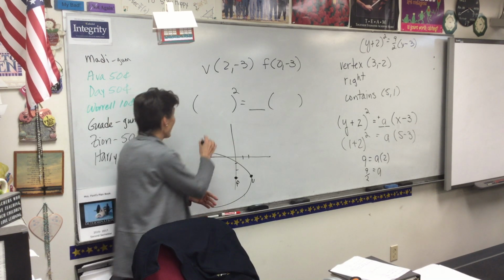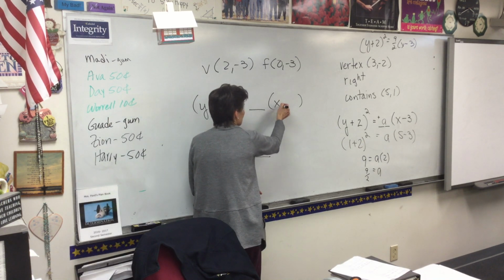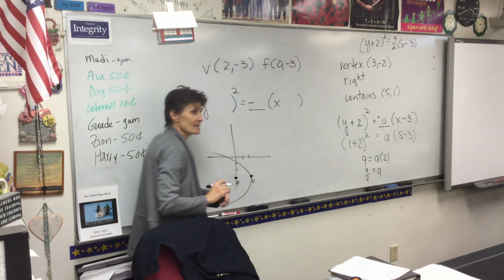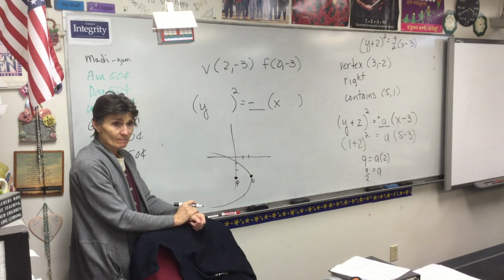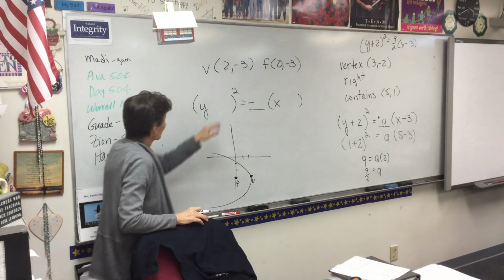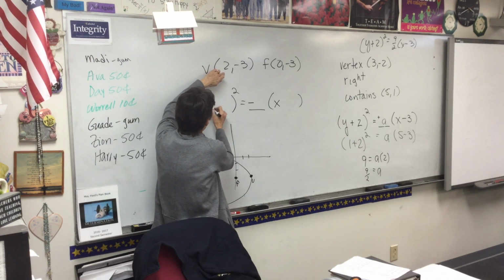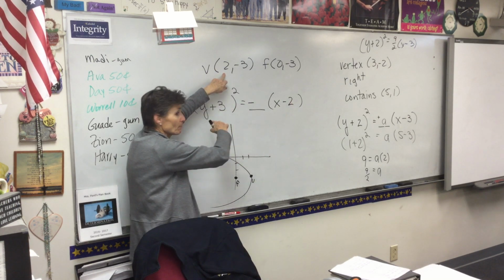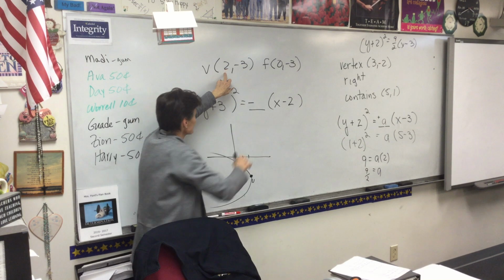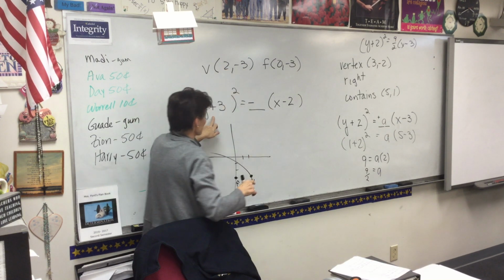It tells me y is being squared, and that number is negative, right? Now I know my vertex, so y plus 3, x minus 2. Make sure you get those numbers in the right spot. x has to go with x, y has to go with y.